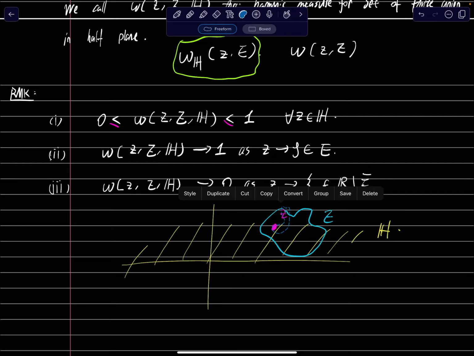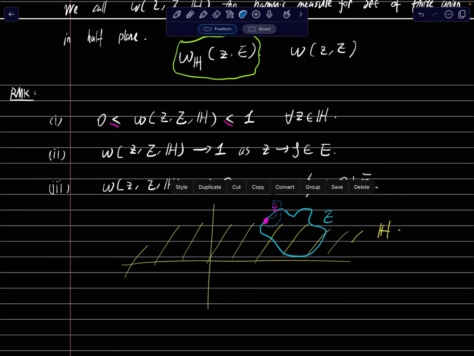Again, for the third property, as z goes outside, once it reaches the boundary point, E now needs to be closed. That is to say, E now needs to equal its closure.